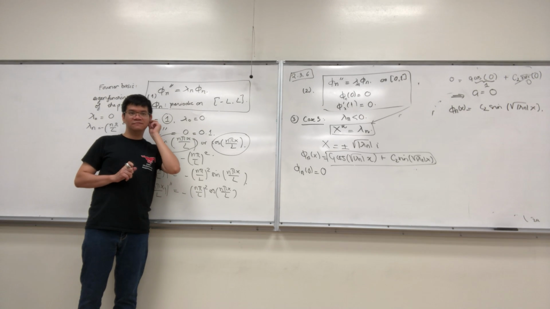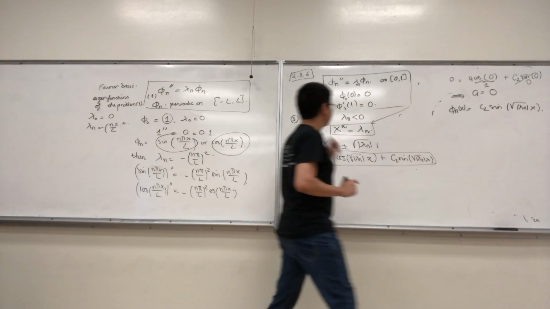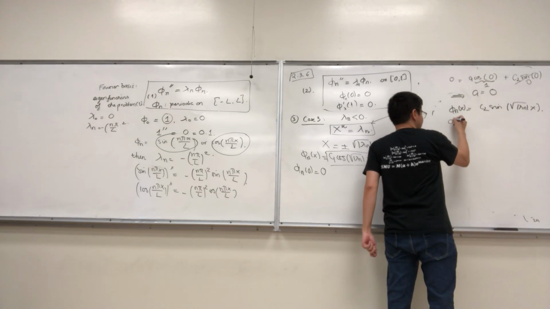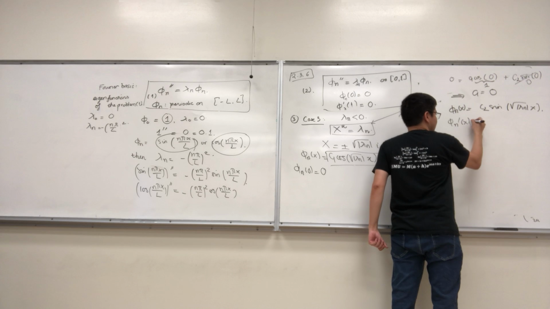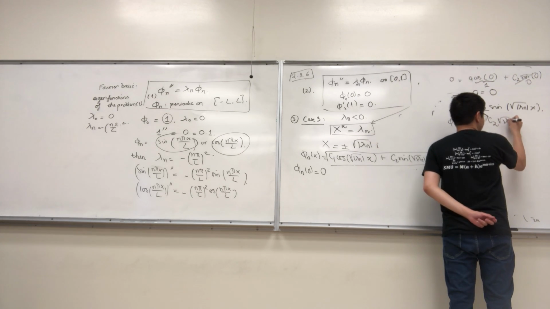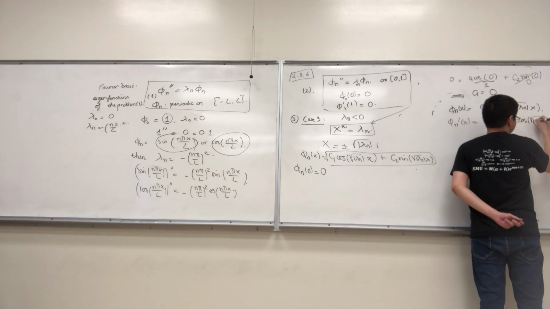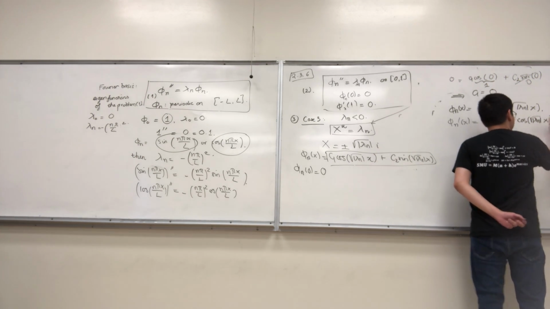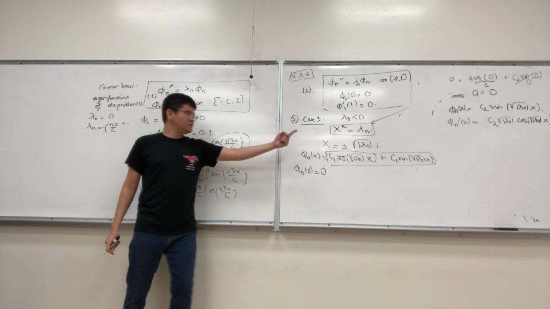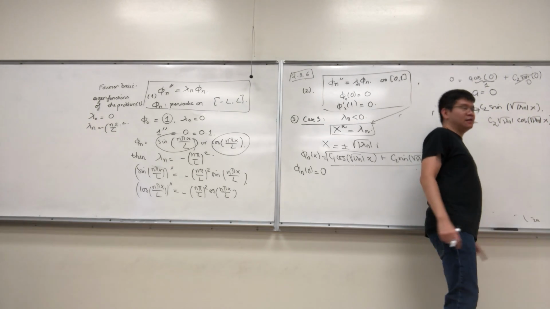Yes? Take the derivative and use the other boundary. Now I'm going to use the second boundary condition, right? In order to use the second boundary condition, I'm going to take the derivative. I take the derivative of this guy, I get C2 square root of lambda n cosinus of square root of lambda n x.